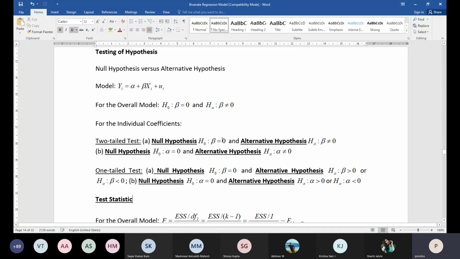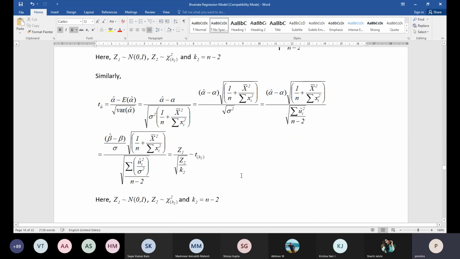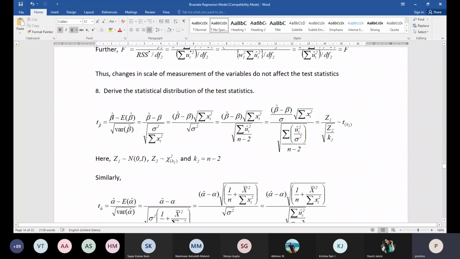So what we are doing here is estimating, or getting an estimator of, beta, that is beta hat. And then we are standardizing beta hat. How to standardize beta hat? It would be basically beta hat minus expectation of beta hat divided by standard error of beta hat. That is what we do.